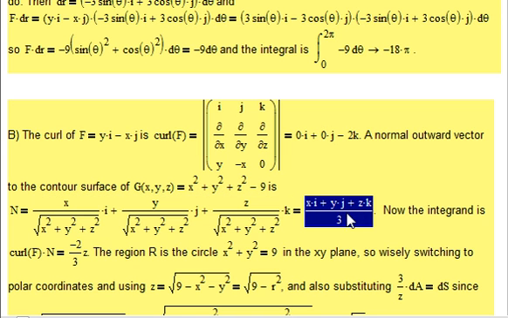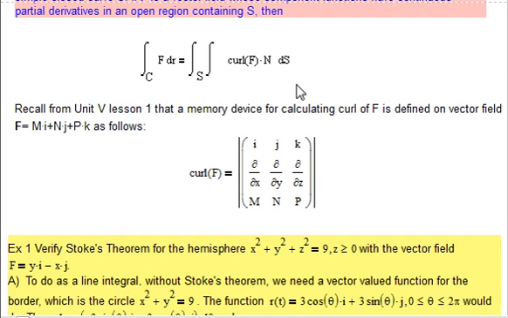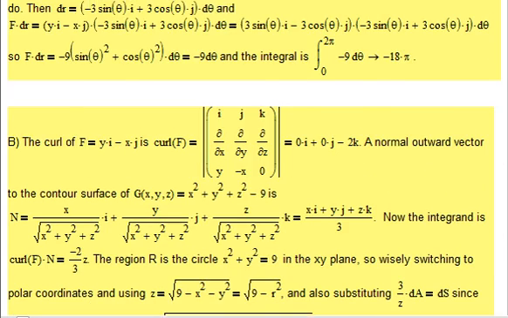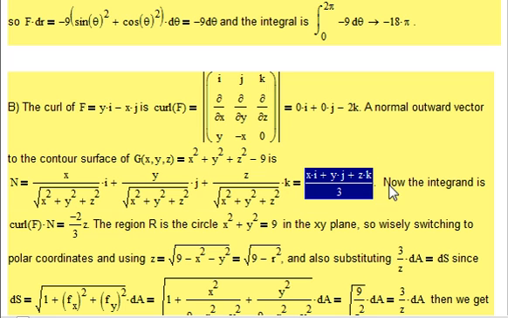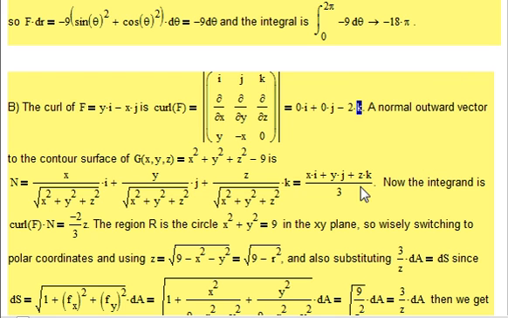So we wind up with this nice vector here as our unit normal vector, and then we've already got the curl, that was just negative 2k, and then we're going to dot that with this unit vector here. Negative 2k dotted with this is negative 2z over 3, because the i component and the j component are just going to be 0, so we got negative 2/3 z.